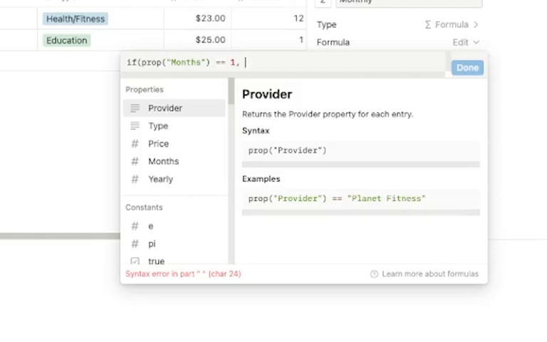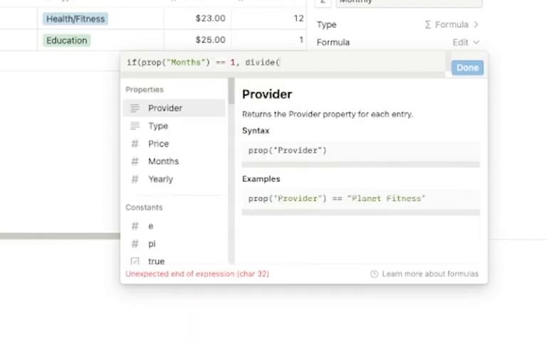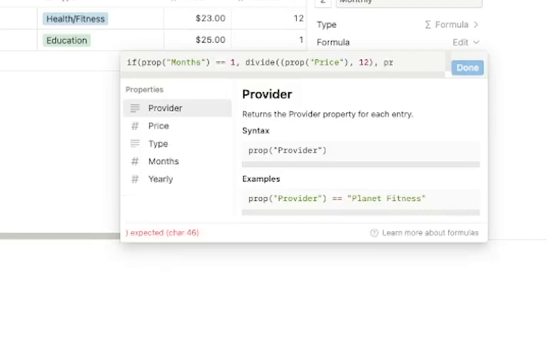So in this case, if months equals 1, then we need to divide the property price by 12. And we will return, so you're saying if the property equals 1, then we'll divide by the property price.